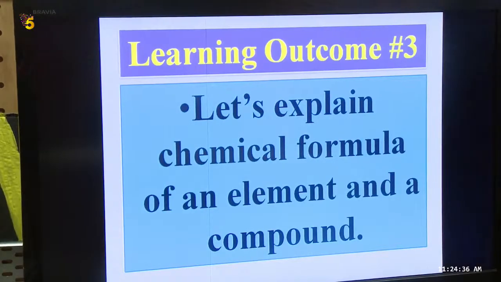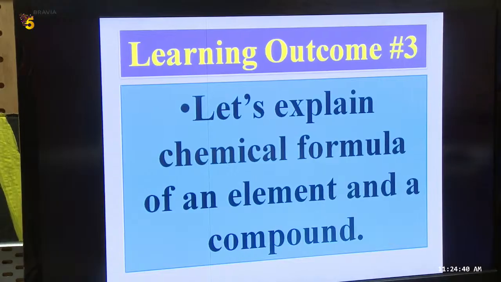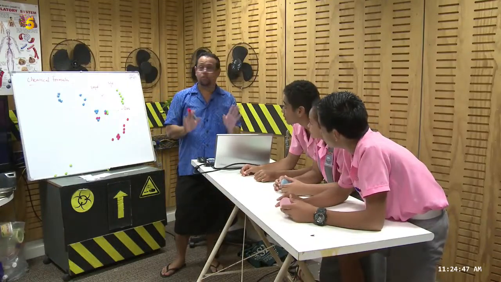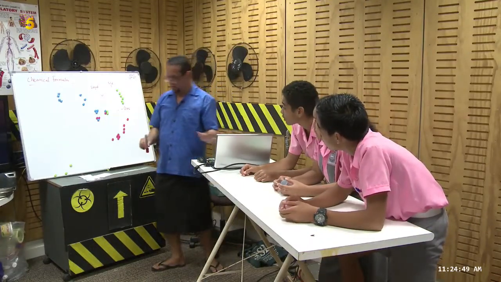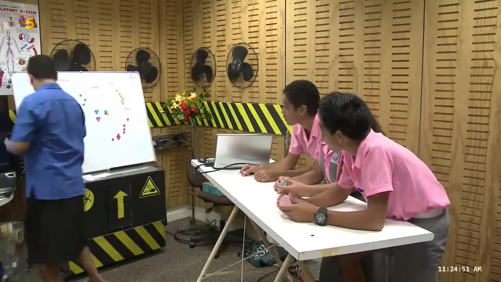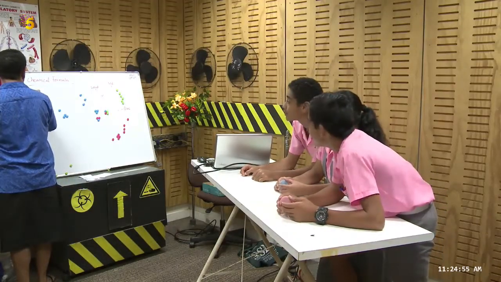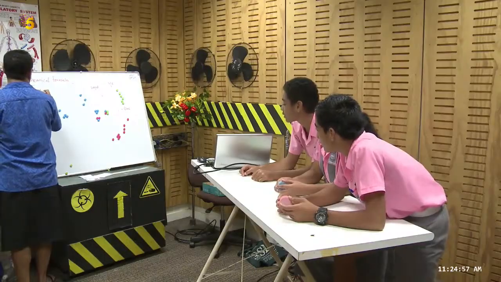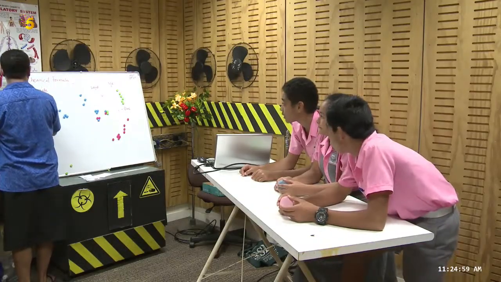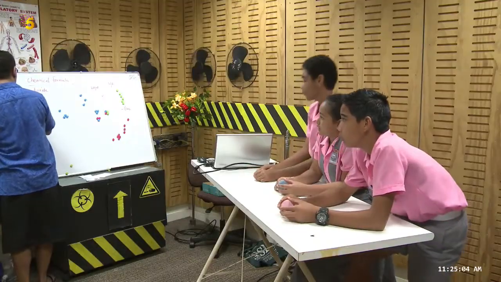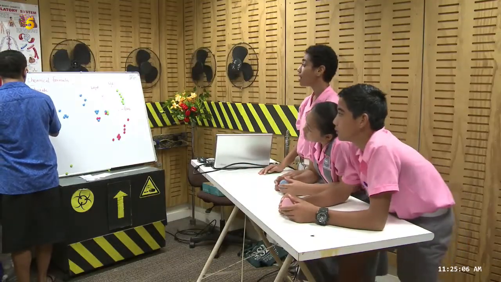Then look at our learning outcome: chemical formula. I'm going to work on 3 chemical formulas. For example, let's have a look at this one: carbon dioxide, then oxygen, and then water.